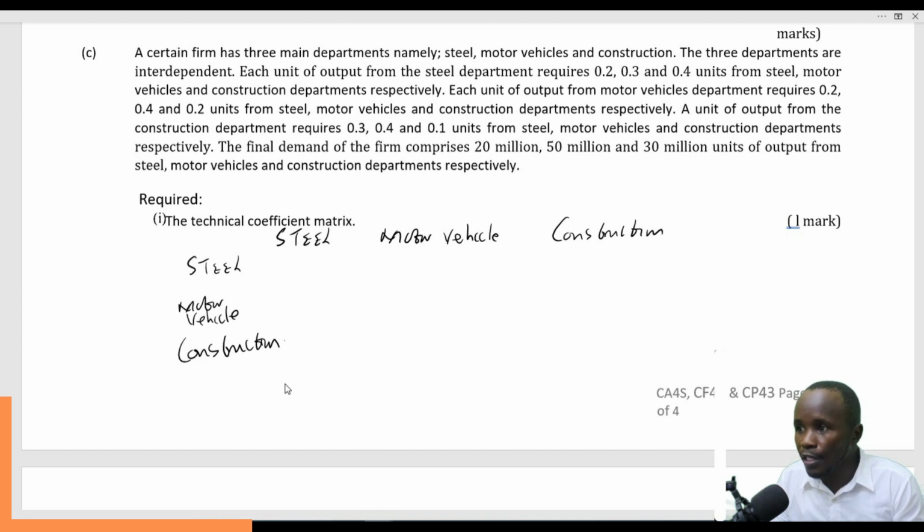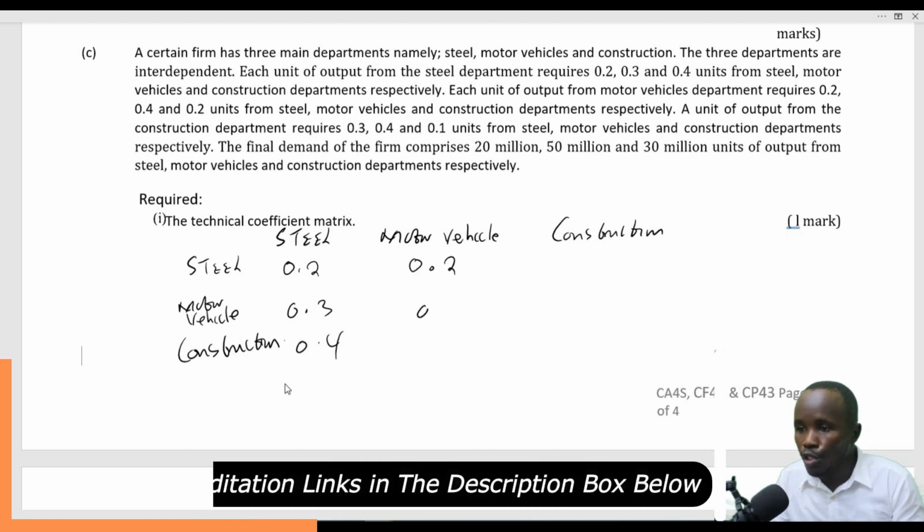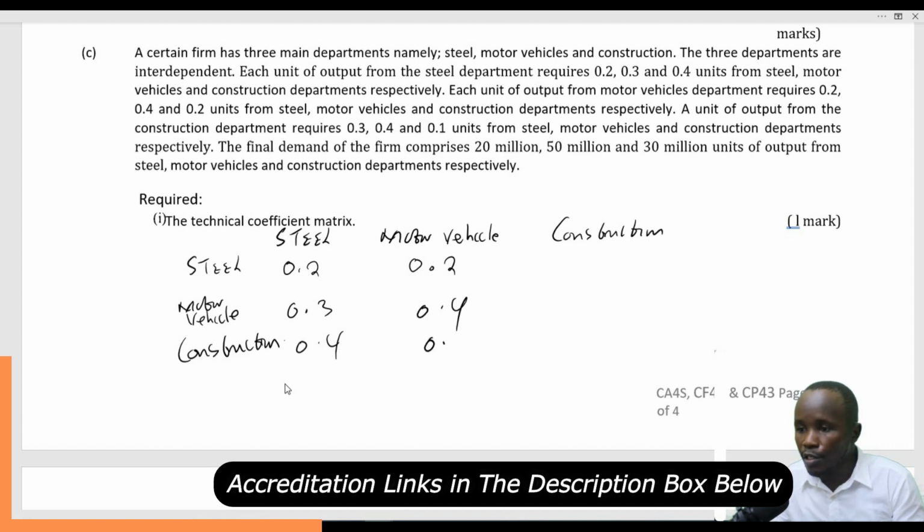From the question you are told, each unit of output from steel, that means these are the producers, requires 0.2, 0.3, and 0.4. Then each unit of output from motor vehicle, these are the users, requires 0.2, 0.4, and 0.2.